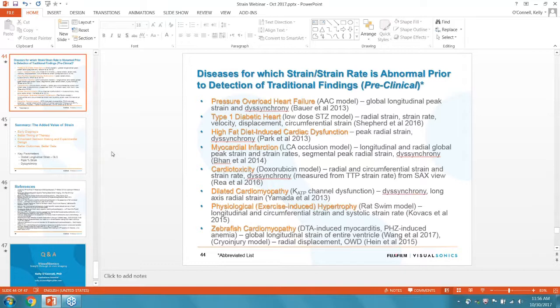But now we have strain, which is even earlier than diastolic function, but it's still a systolic number. So you have an option to look at the diastolic information, but it's sort of unexplored territory when it comes to those values.